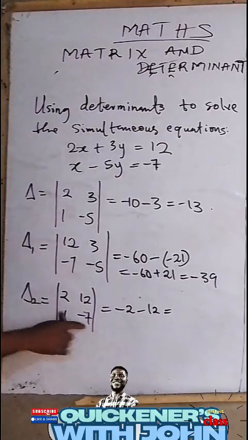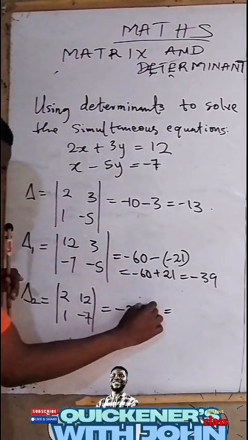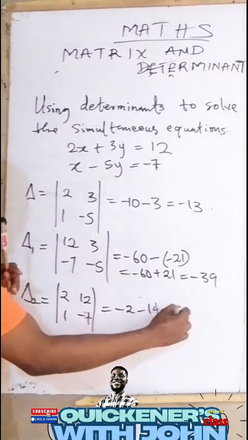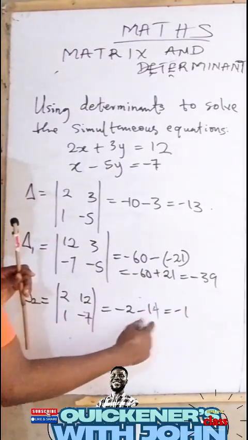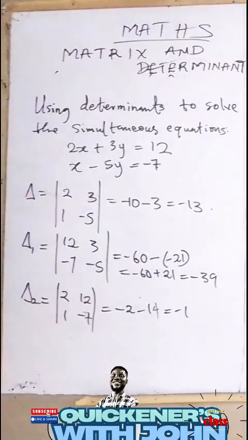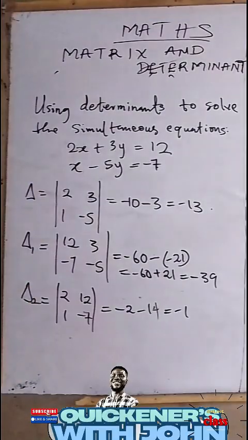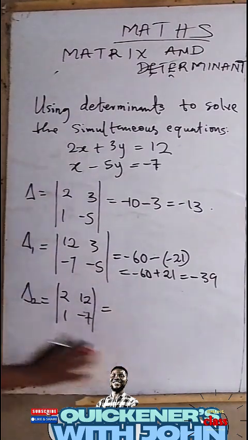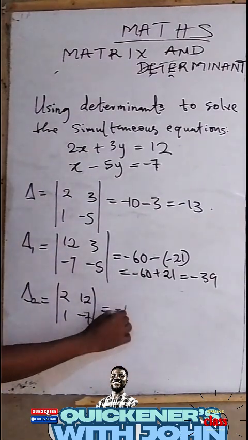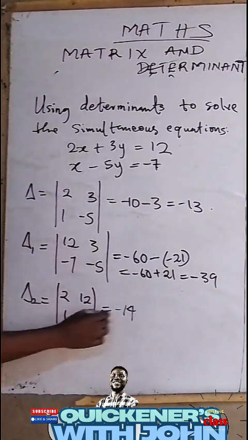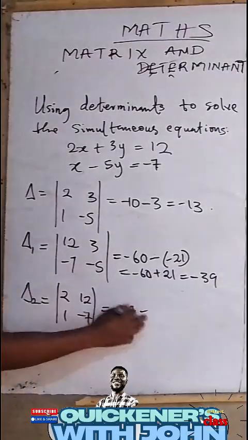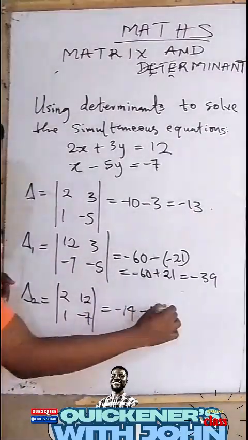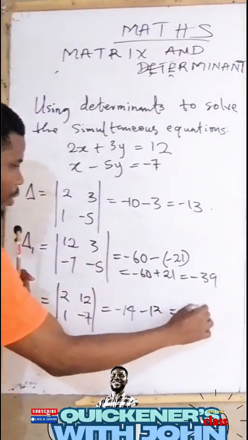So 2 times minus 7, that would be minus 14. 2 times minus 7 was minus 14, and minus 2 times 12 was 12. So add this together, you have minus 26.